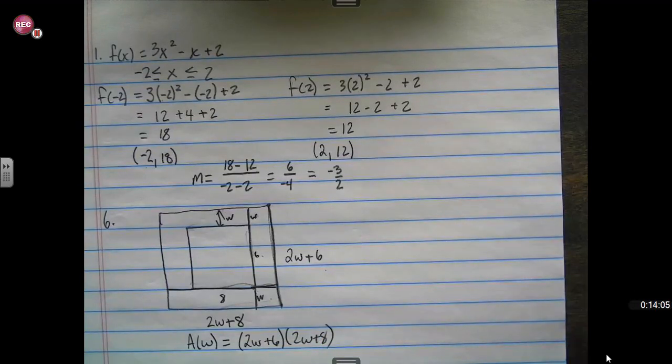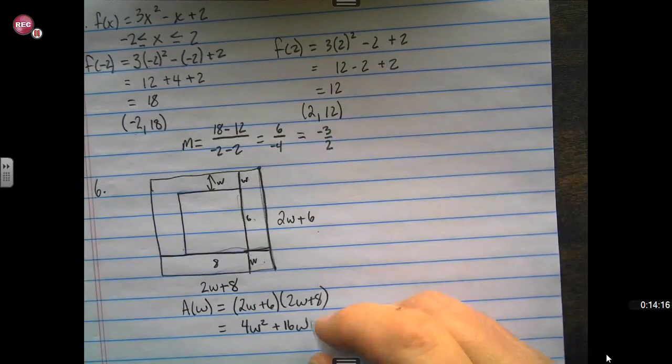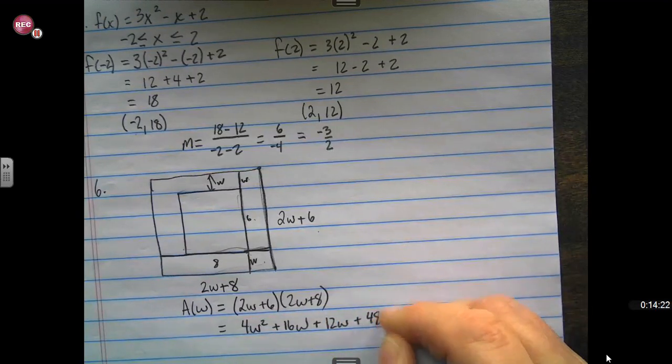So when we multiply that out, we get 4W squared plus 16W plus 12W plus 48.